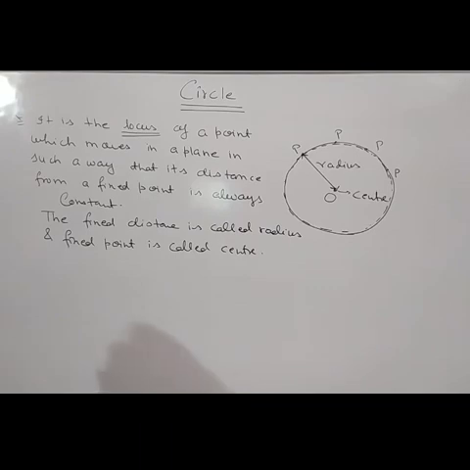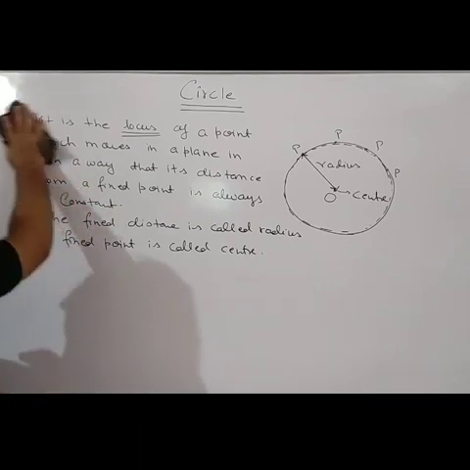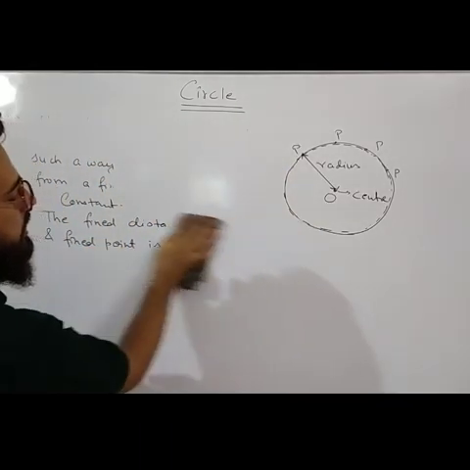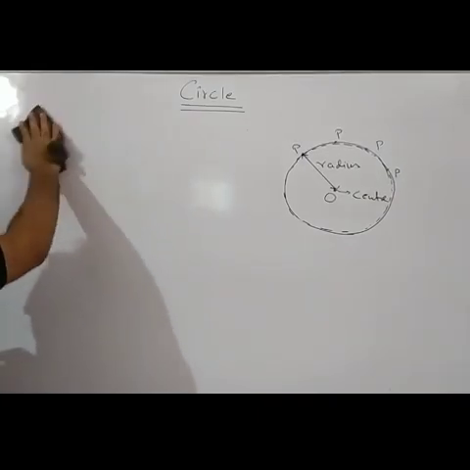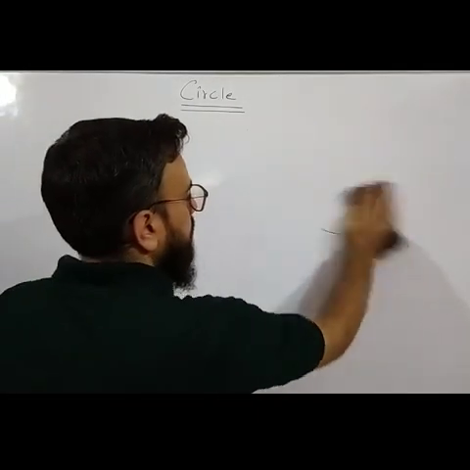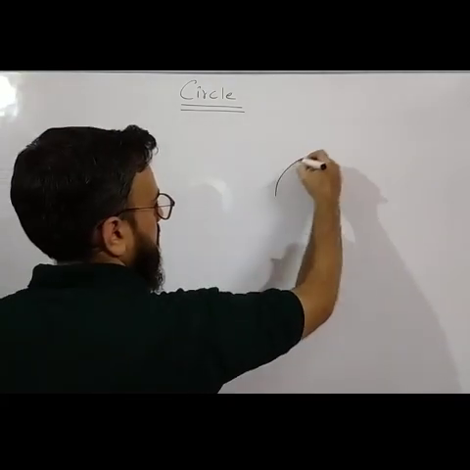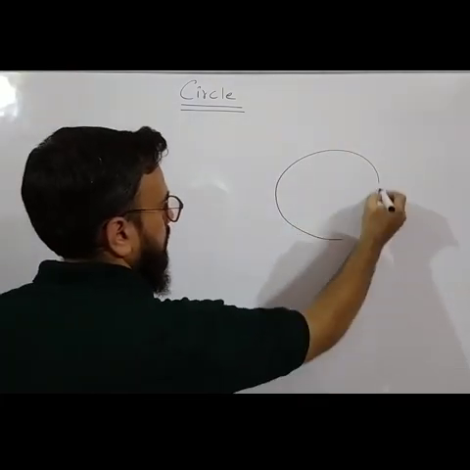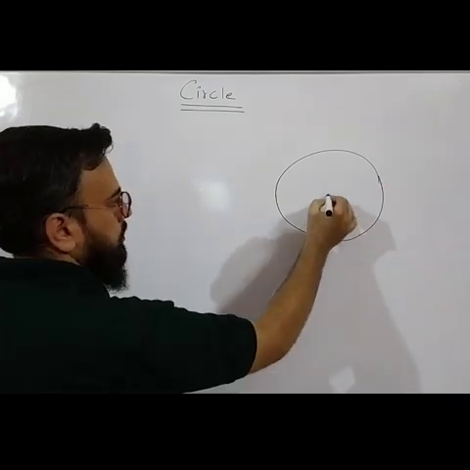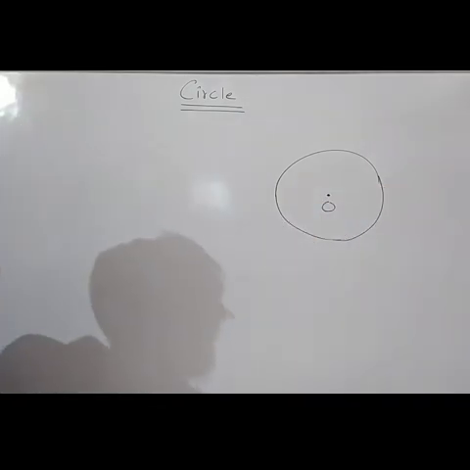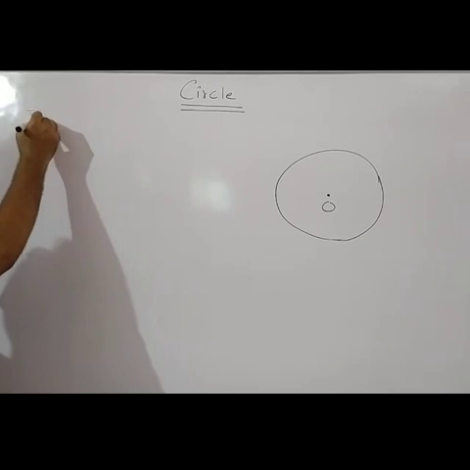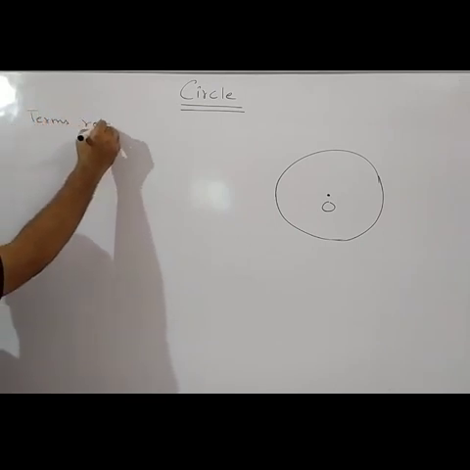Now we are going to talk about some terms related to the circle. What are the different terms which are related to the circle? Suppose this is our circle with a given center O. Now we are talking about terms related to circle.